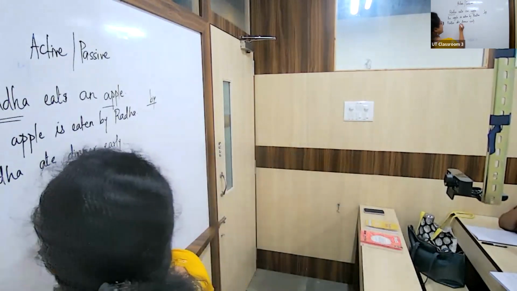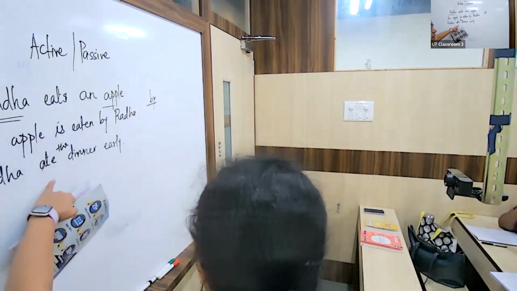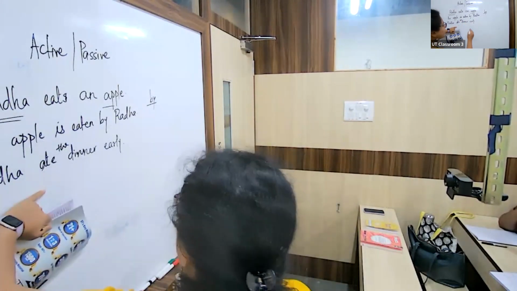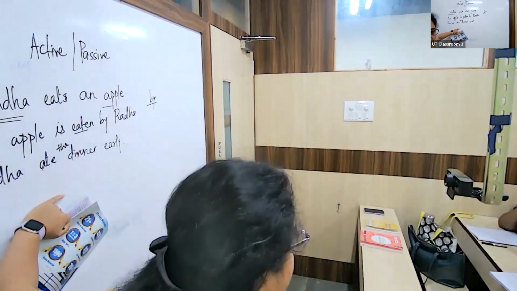Radha ate the dinner early. The dinner was eaten. सब जगह देखो past participle use हो रहा है यहाँ पे. Why was?